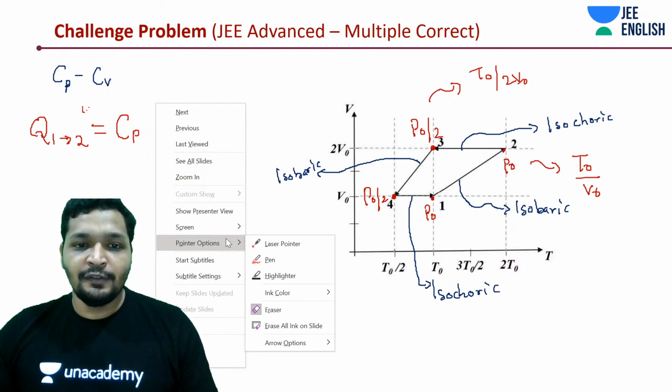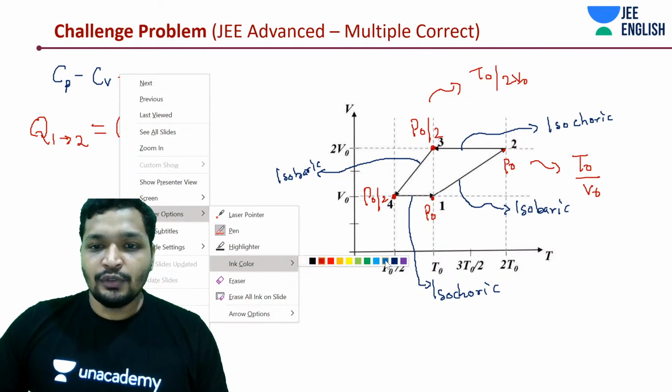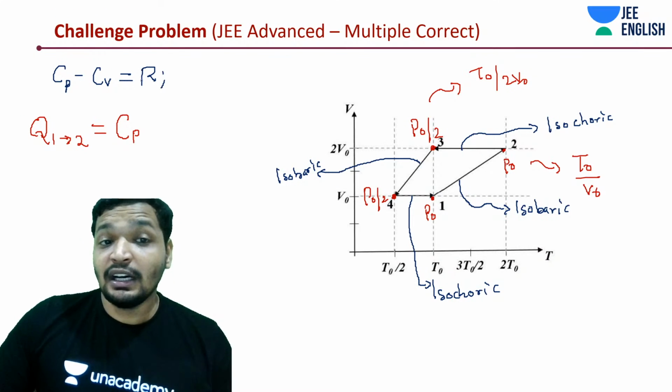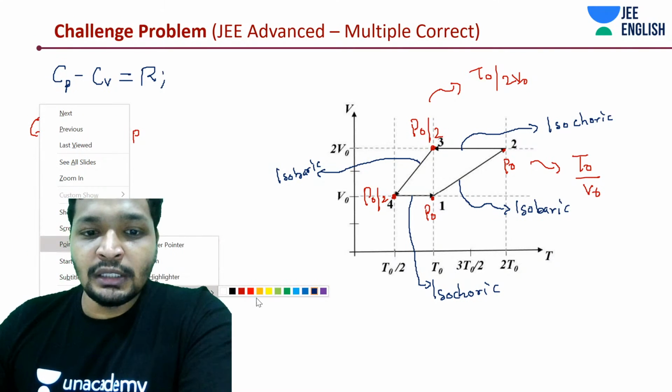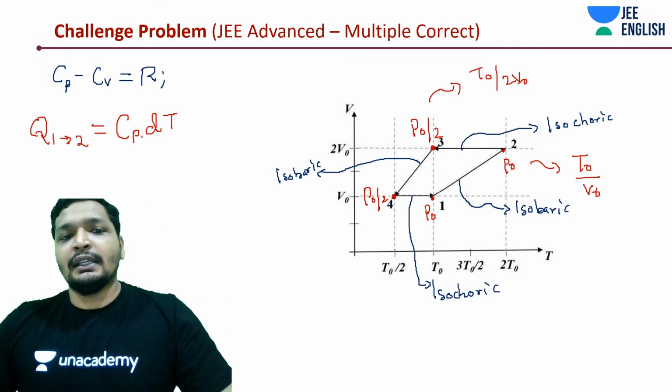Let me correct myself. If you make that mistake, you'd get the entire thing wrong. I'm really sorry. So this is going to be CP dT, delta T basically.